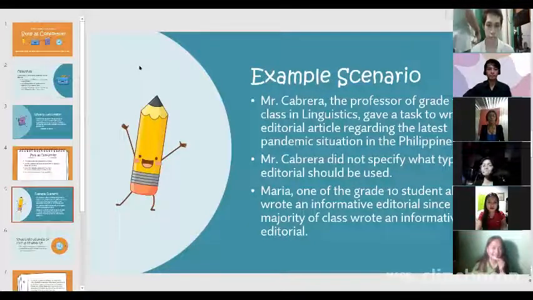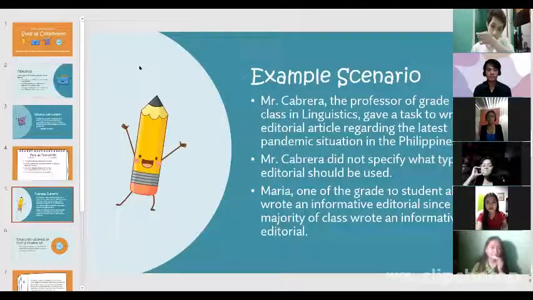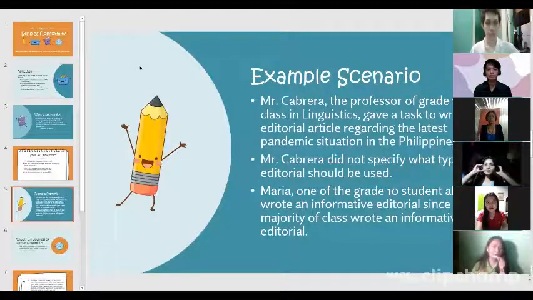He gave a task to write an editorial article about the latest pandemic situation in the Philippines. However, Mr. Cabrera did not specify what type of editorial should be used. And so the majority of the class wrote an informative editorial.